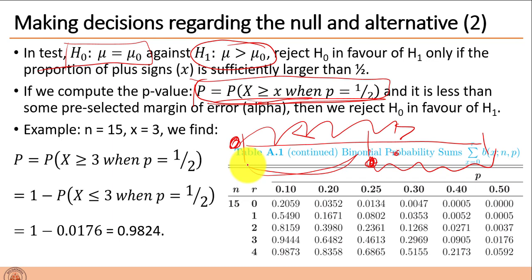So the best way to handle this is to know that whatever is here from here up to the end, plus whatever would have been here, if I add the two of them, I should get a probability of 1. That is, the total probability of a distribution like the binomial should be equal to 1.